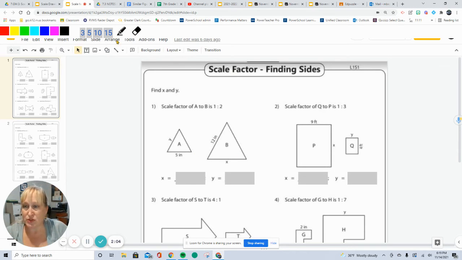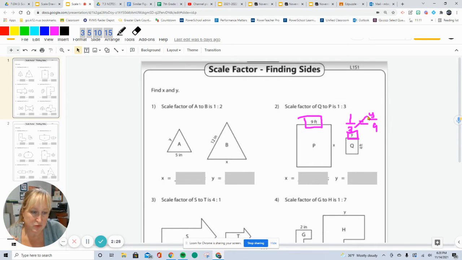All right, we're going to try the next one. And this one is 1 to 3. So 1 to 3 equals, and if I'm solving for this, my smaller one is y, so it goes on the top, and the bigger one is 9.